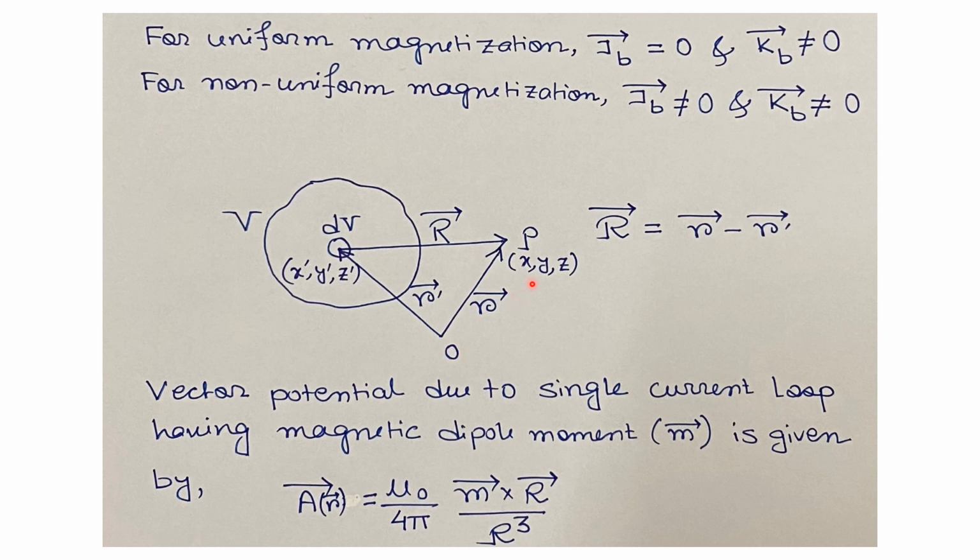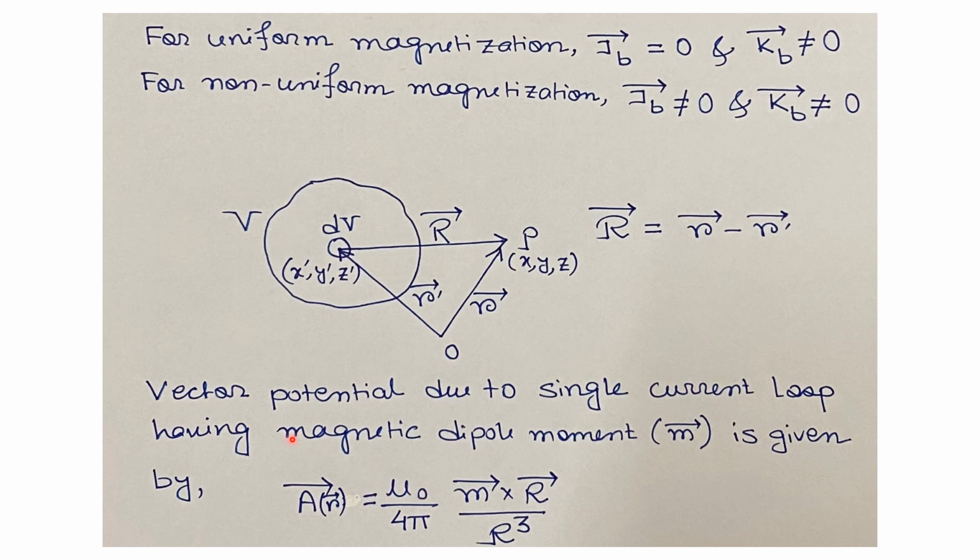And we'll consider another external point P, which has the coordinates x, y, z. So, from the volume element, the external point P will have position vector capital R, which is basically R vector minus R dash vector.